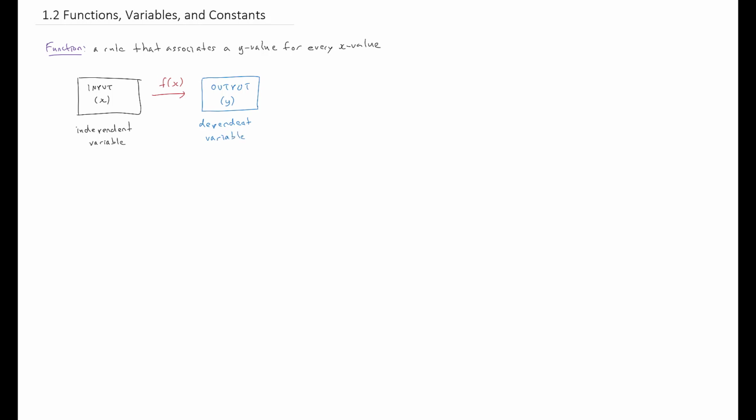And as you learned in your calculus courses, your independent variable, or your input x, is going to exist in a domain, and your output, or dependent variable, is going to exist in a range of values.